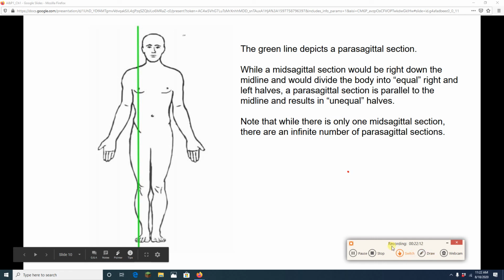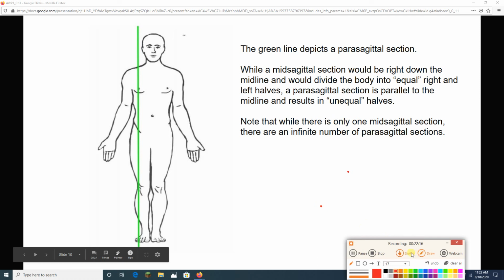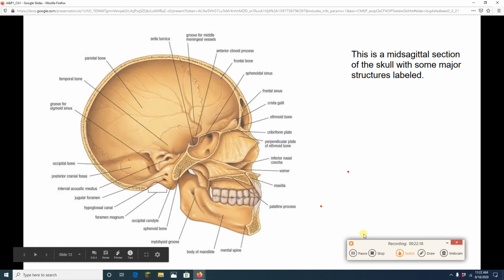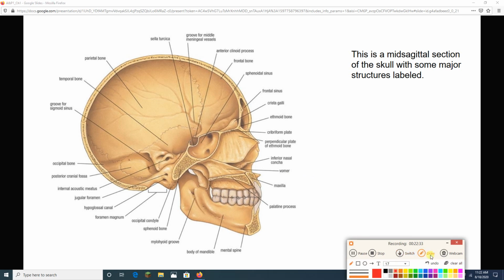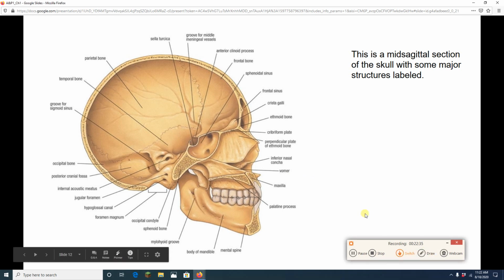My bad. There we go. This is a mid-sagittal section of the skull. So we cut open the skull. Looks like this. We'll learn just about all of these things later on. Don't worry.